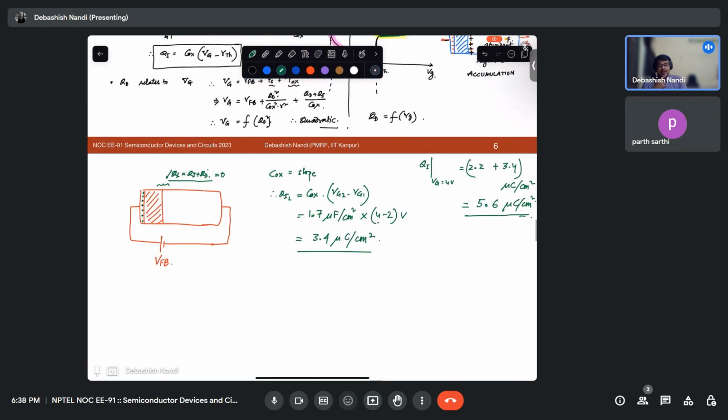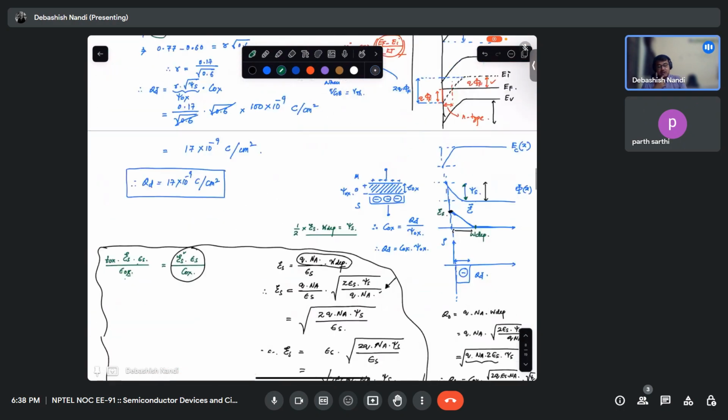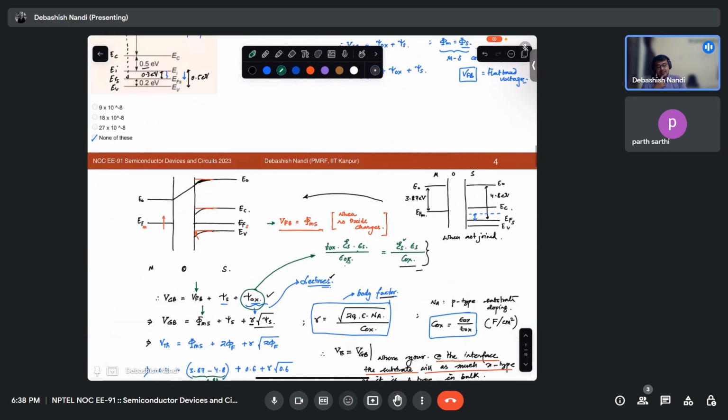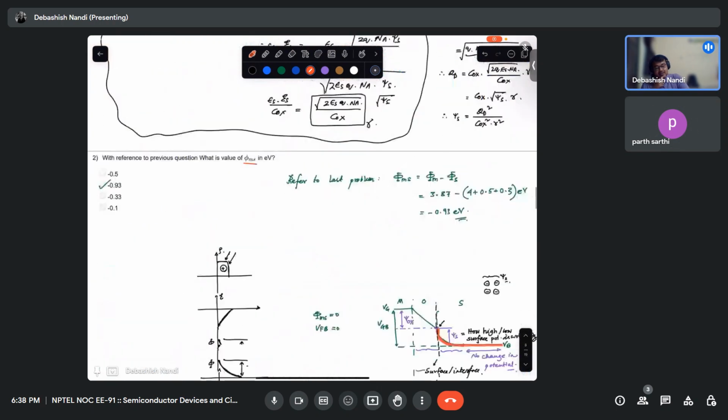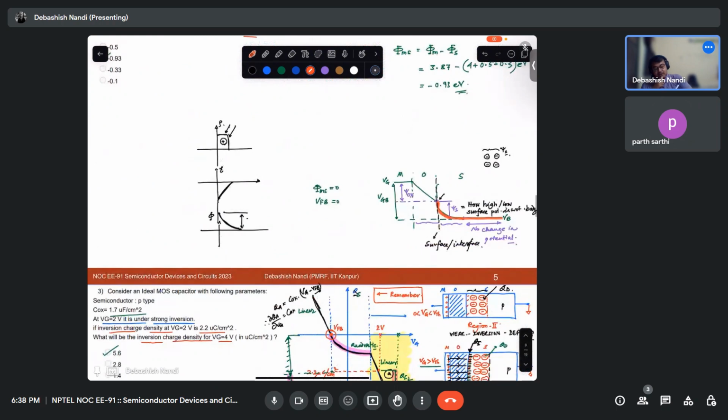So you understand that, and again I have told you what is my VFB condition, right? VFB means flat band, right? Yes, sir. All the bands will be flat. And also I have told you that to accommodate some charges, you need to have some band bending.